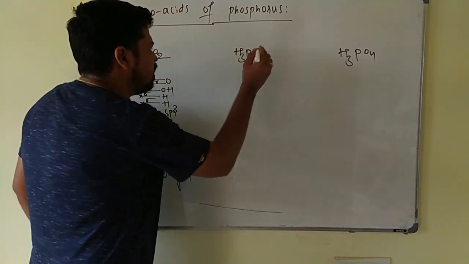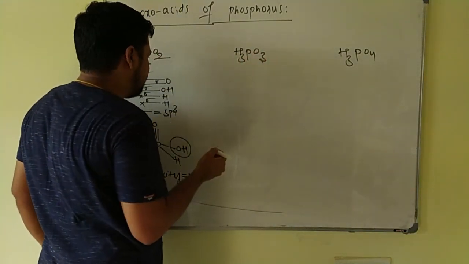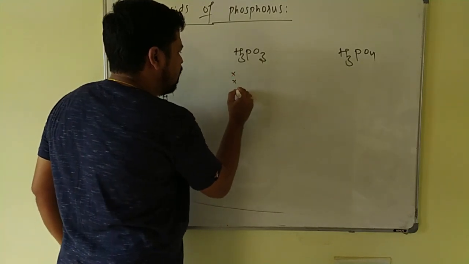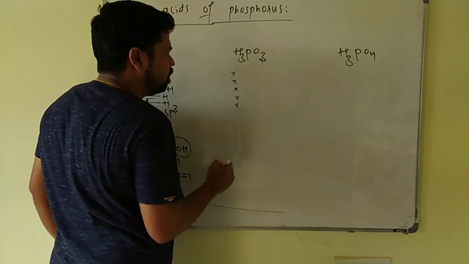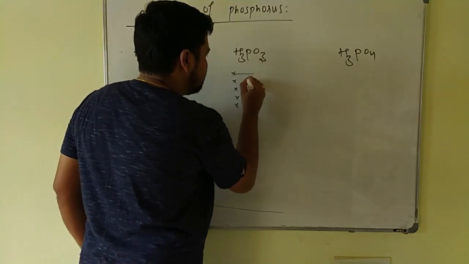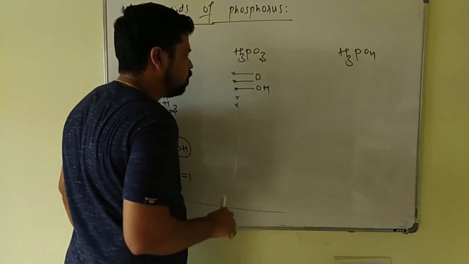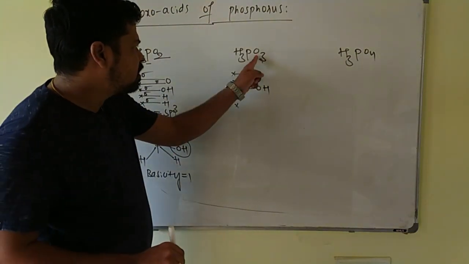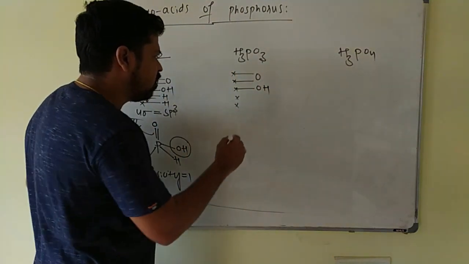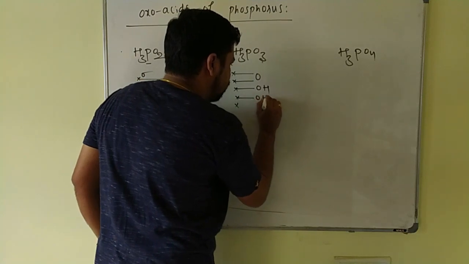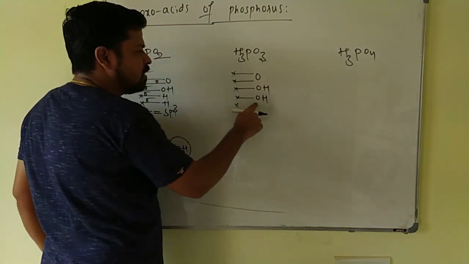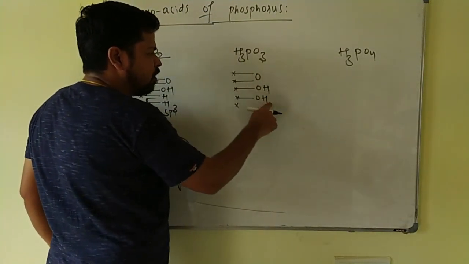Okay, next one, this H3PO3, I will write the number of valence electrons: 1, 2, 3, 4, 5. Already we know that each oxo acid contains at least one P double bond O and at least one OH bond. Still another oxygen we can write with the OH. Another oxygen is there, so I will write it in the form of OH only, and 3 oxygens are utilized, and 2 hydrogens are utilized here.